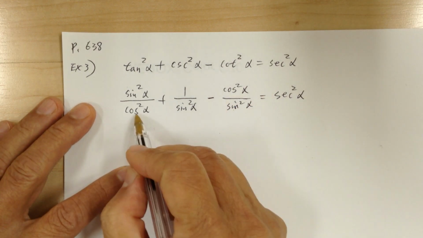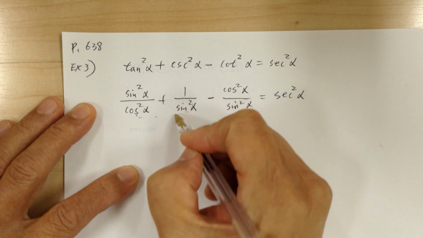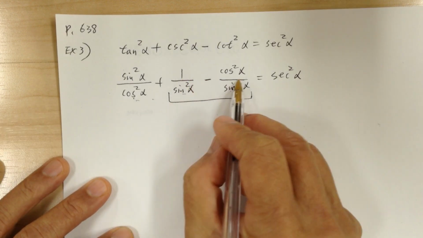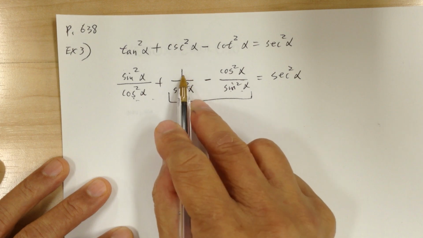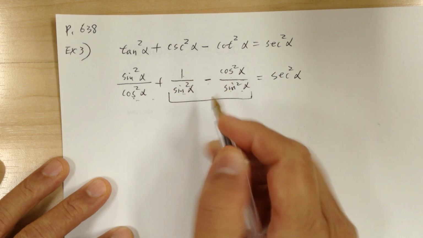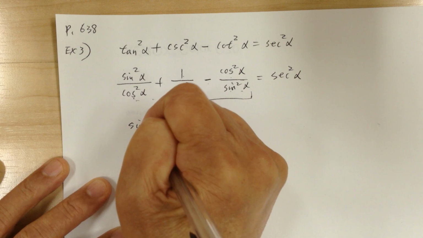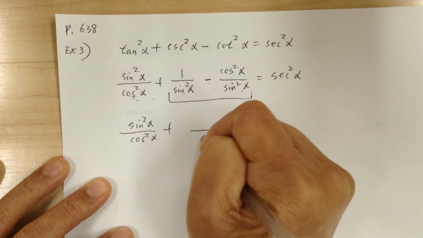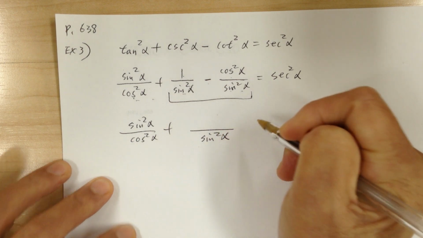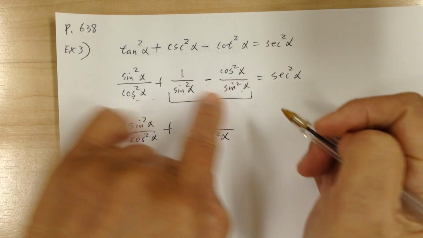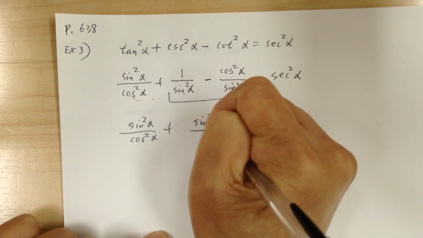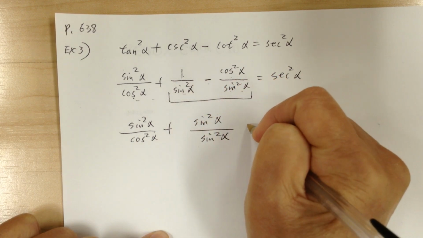Now, if you notice, these have different denominators, but these two are the same, so you can combine these two. 1 minus cosine squared equals sine squared alpha.